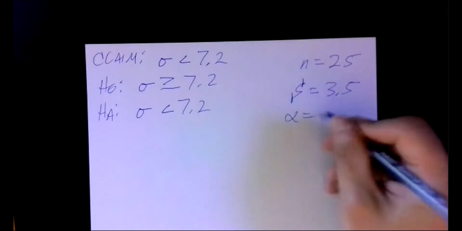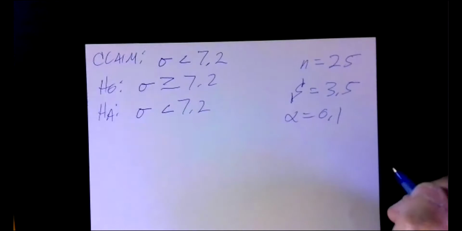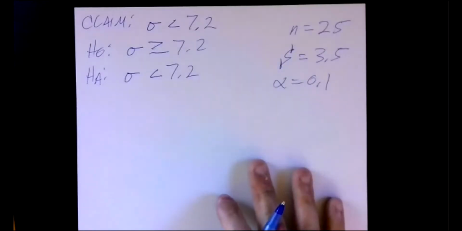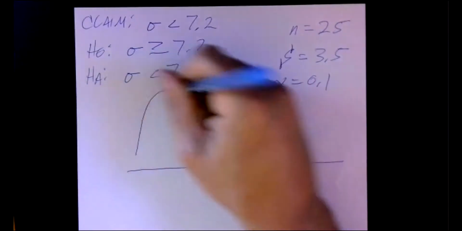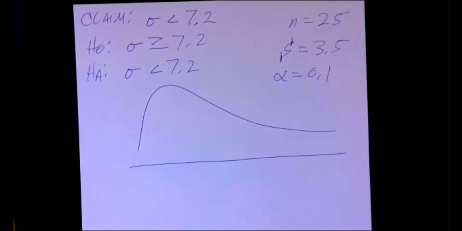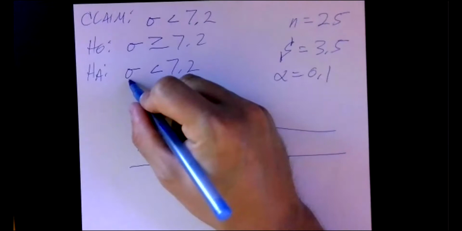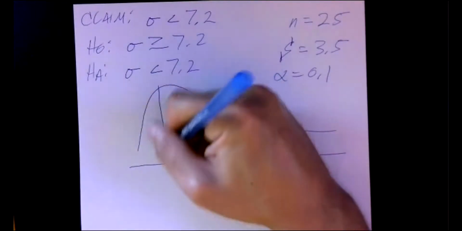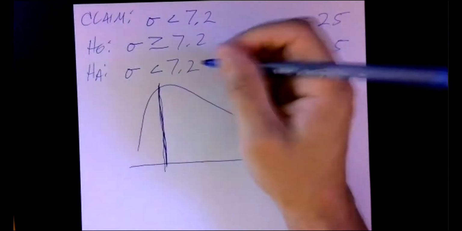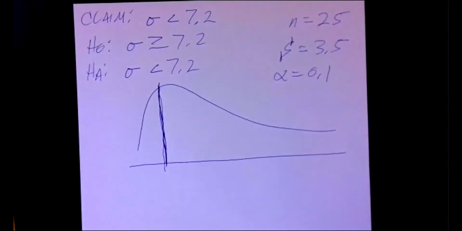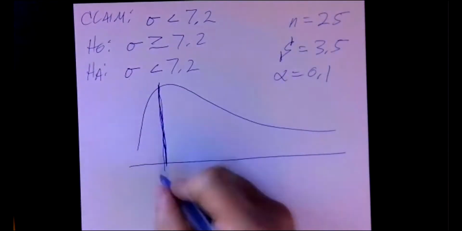Alpha equals 0.1. Now, since we're talking about standard deviation, we'll use the chi-squared distribution. Because the alternative is less than, this is a left-tailed test. Now, we don't use the p-value for the chi-squared distribution. We only use critical value.